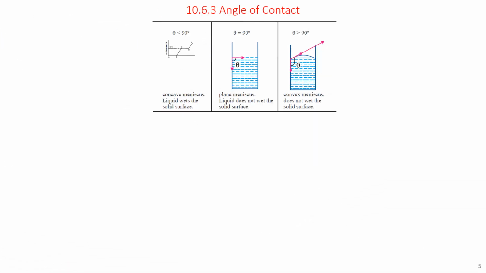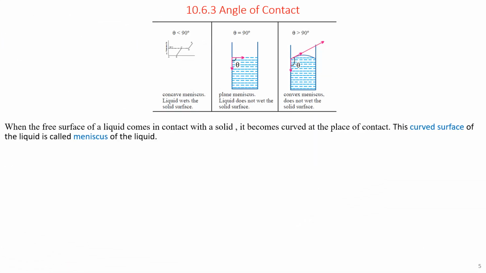Angle of contact. When the free surface of a liquid comes in contact with a solid, it becomes curved at that place of contact. This curved surface of the liquid is called the meniscus of the liquid.